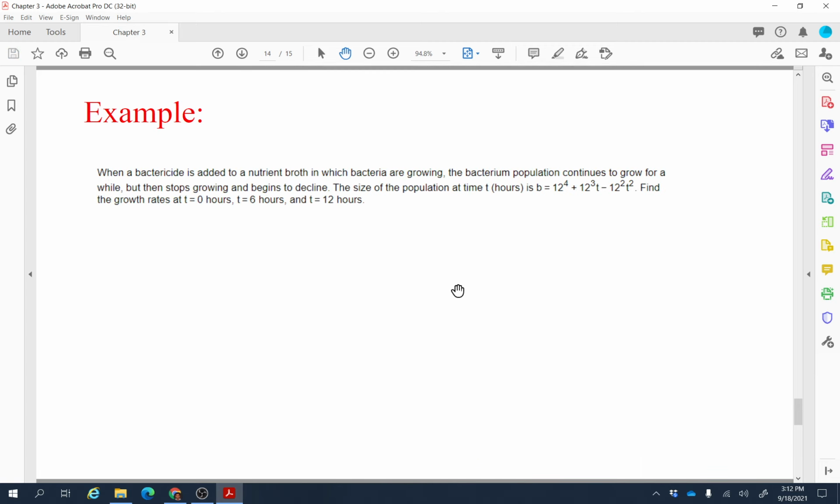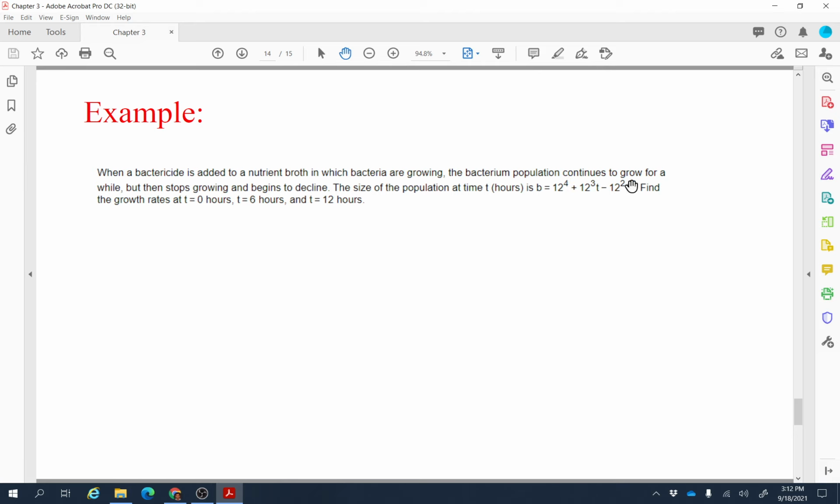Okay, so one more problem here. We have been given this function, and we want to find the derivative of this function at different points. If you read the question, it says, when a bactericide is added to nutrient broth in which bacteria are growing, the bacteria population is growing, and now we would like to find the rate of growth of that population.